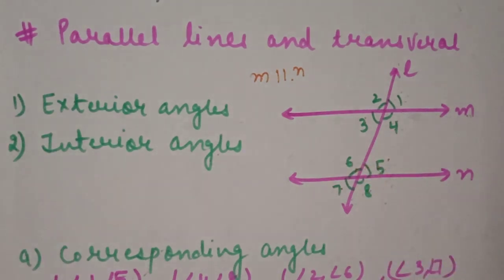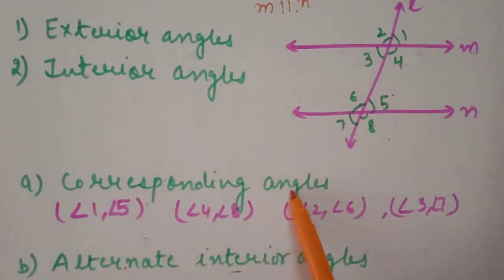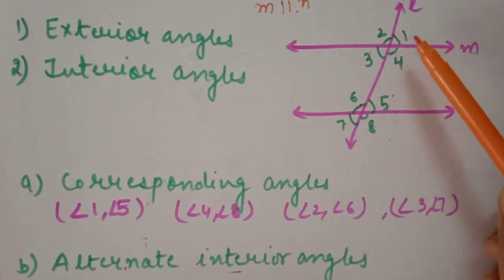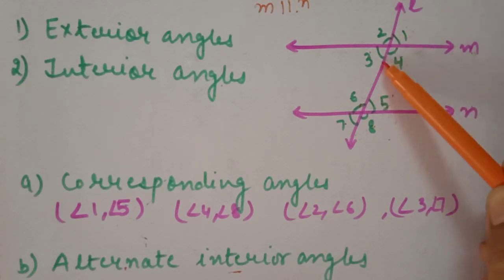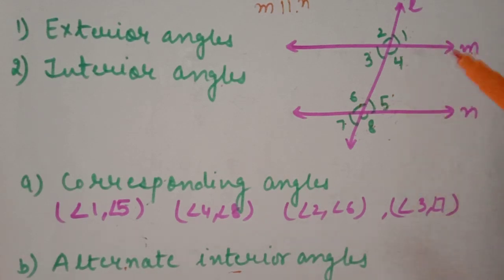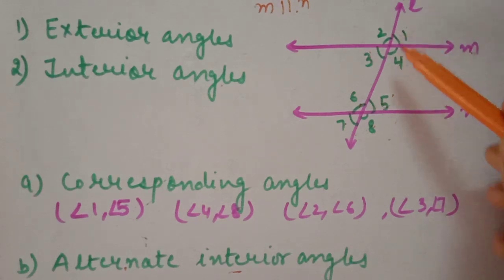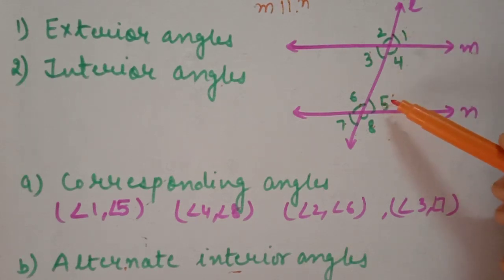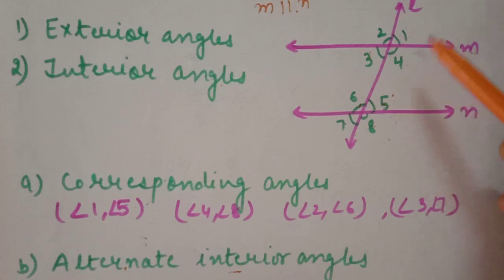Next one is corresponding angles. The definition of corresponding angles: when two angles have the same matching position and are present on the same side of a transversal line, we call them corresponding angles. For example, angle 1 and angle 5 have the same matching position.